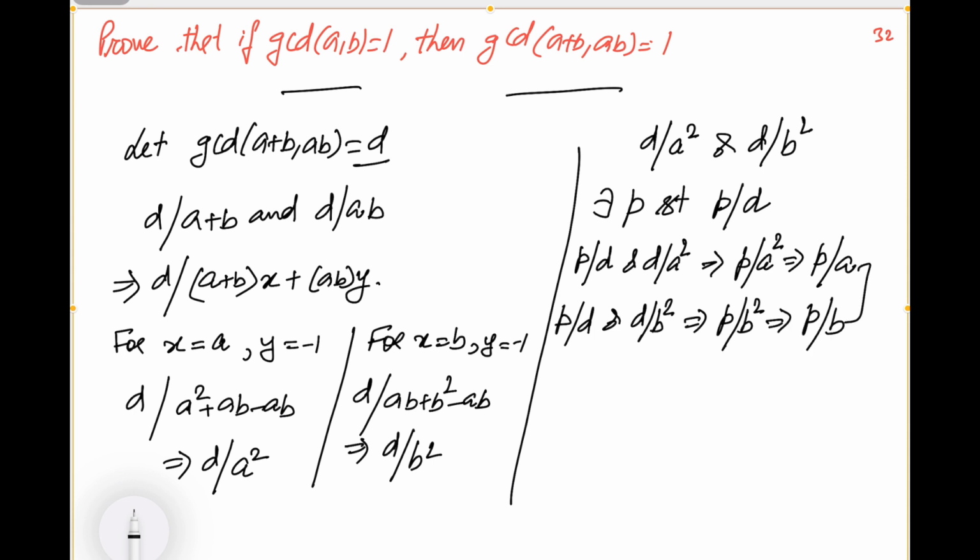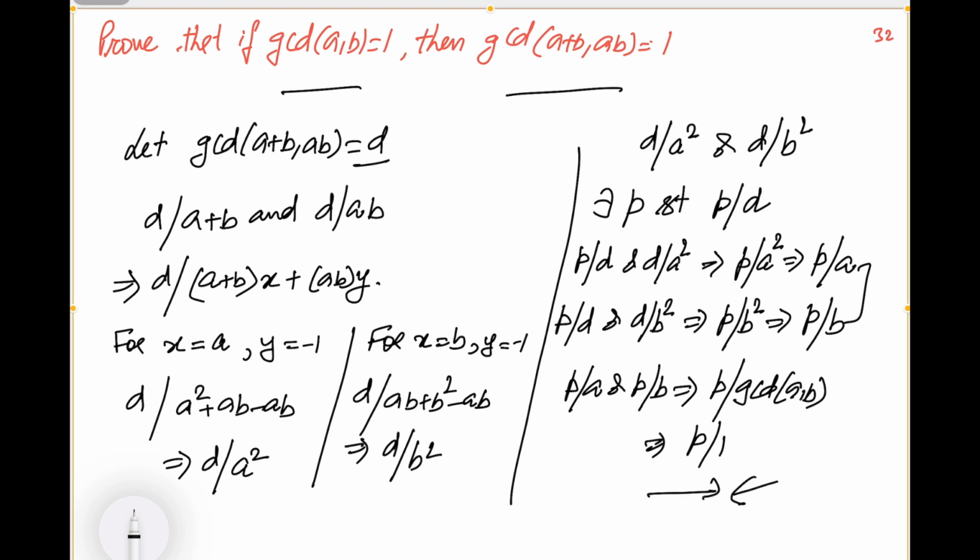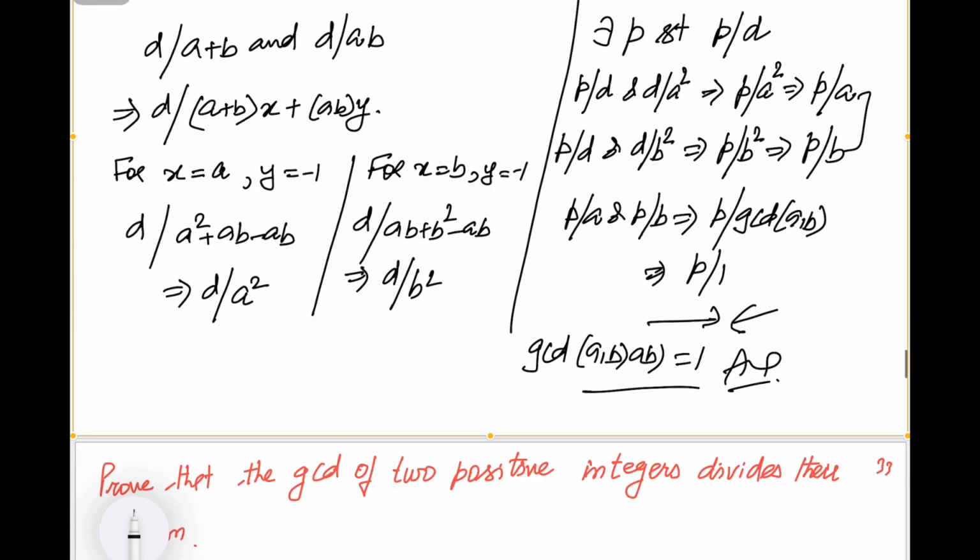So combining these two, p divides a and p divides b implies p divides GCD of a and b, which is 1. So we get a contradiction that p will not divide 1. So which means the supposition is wrong. Desired answer.